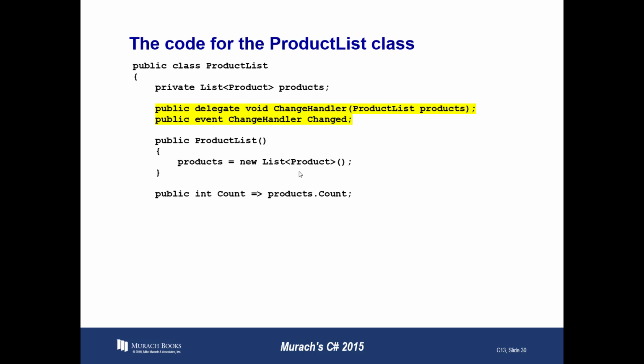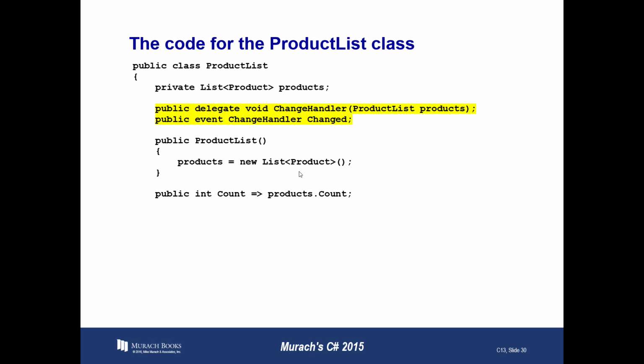So it says here the code for the product list class. Let's take a look where we are here. This is an enhanced version of the product maintenance application. The author says on page 430, now that you've learned the techniques for enhancing your classes, the topics that follow present an enhanced version of the product maintenance application that uses those enhancements.